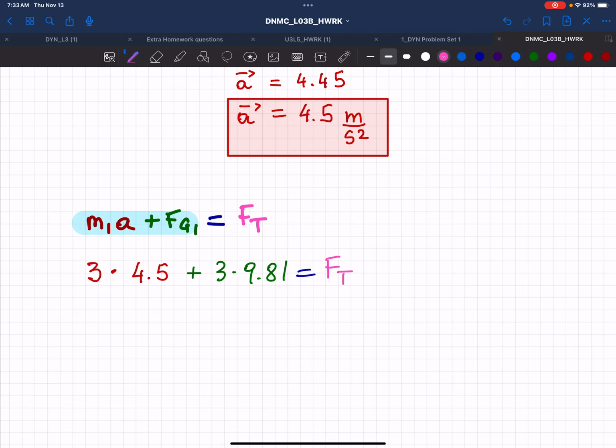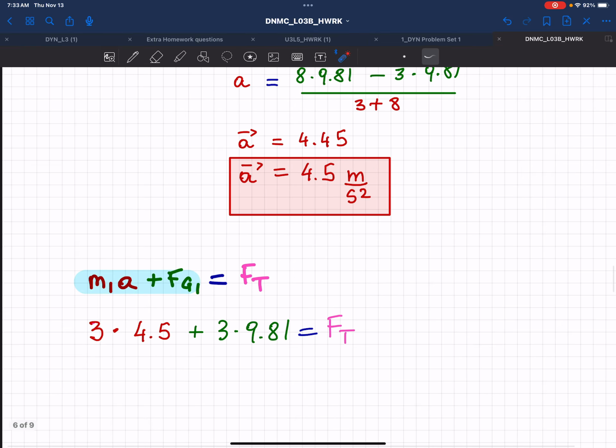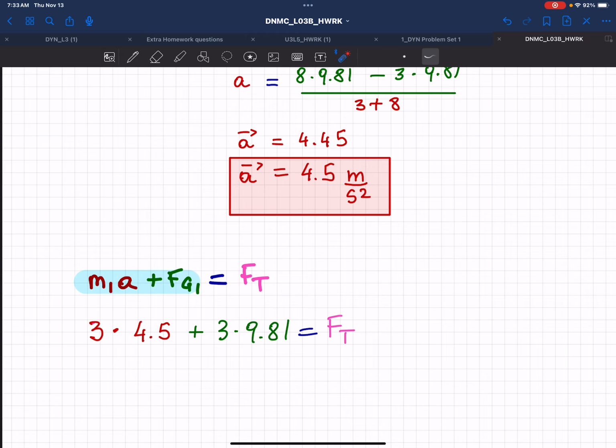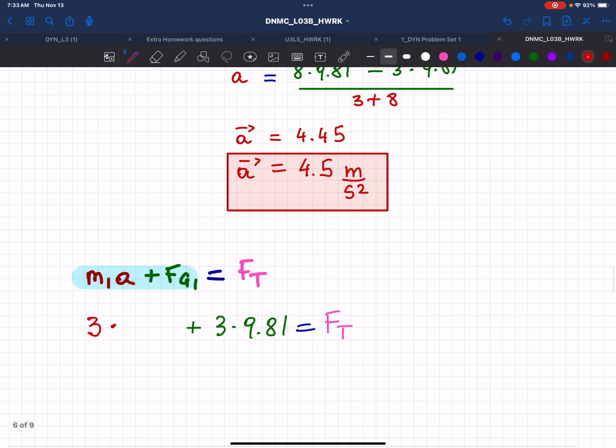Just simply calculate. Now, I encourage you to use this number as opposed to this one here when you calculate tension, because in this case we are using a number that we have calculated and rounded.